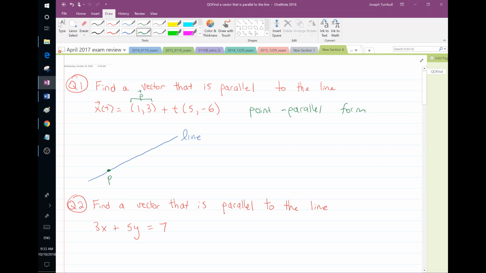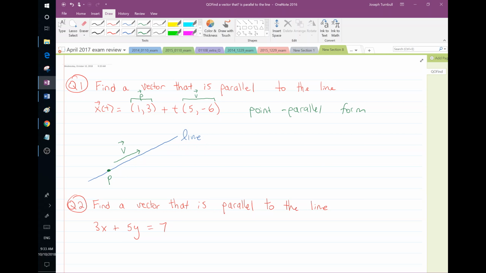Now, the other element of a line that we could use is the direction vector for the line. So that's given here as (5, -6). So I'll label that as well. That's direction vector v. And on the picture, there it is. And the direction vector, by definition, is parallel to the line.